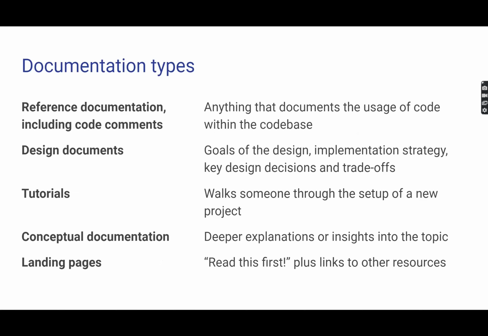Sometimes issues are just so complex that you need to describe the concept of things. And conceptual documentation is probably the hardest to write, because it really takes a lot of effort to distill something very complex into something simple that people can understand.